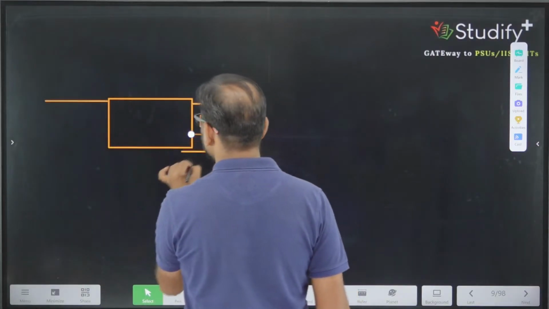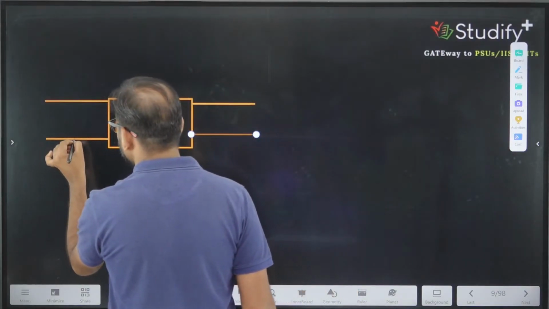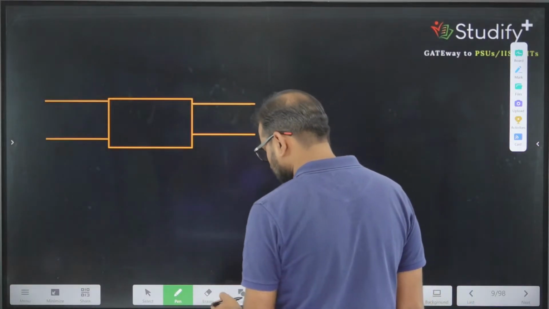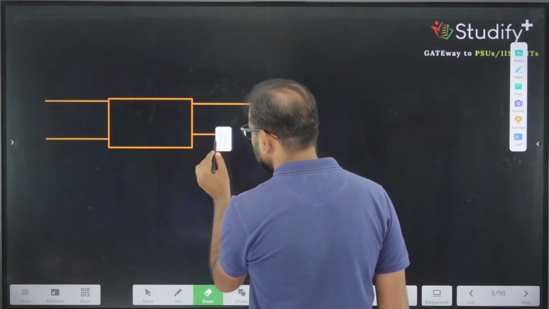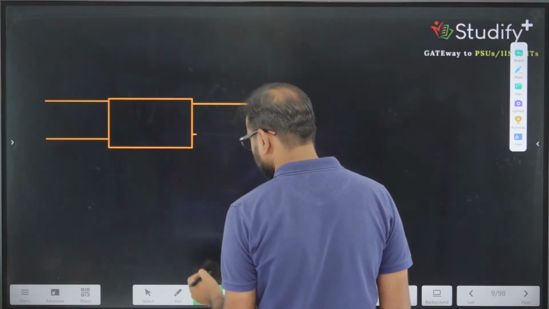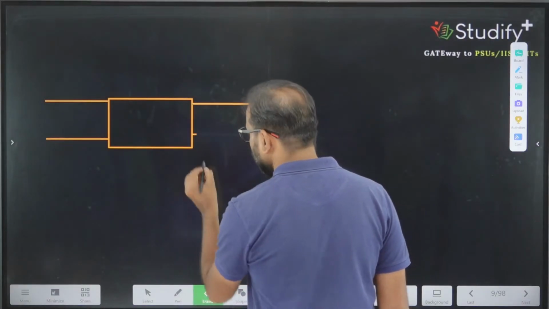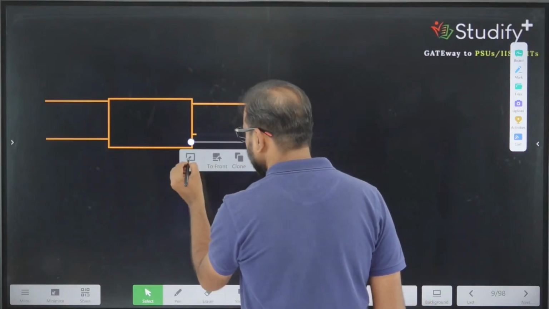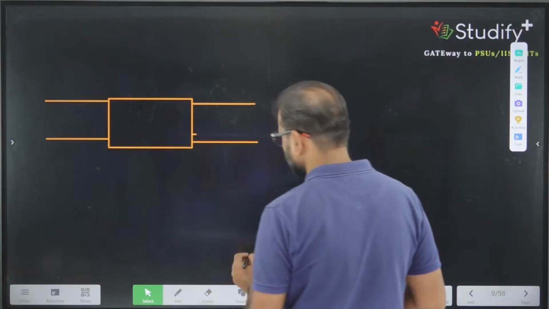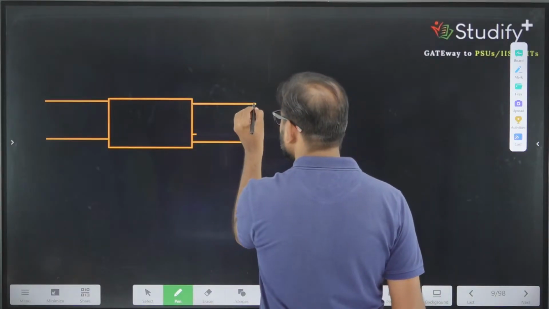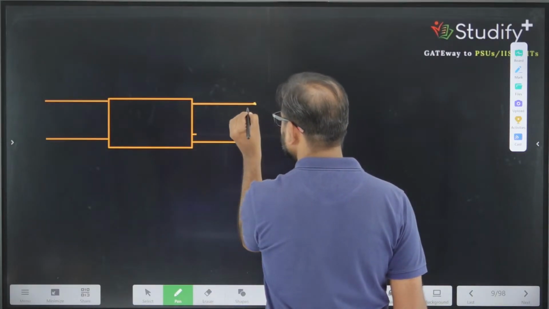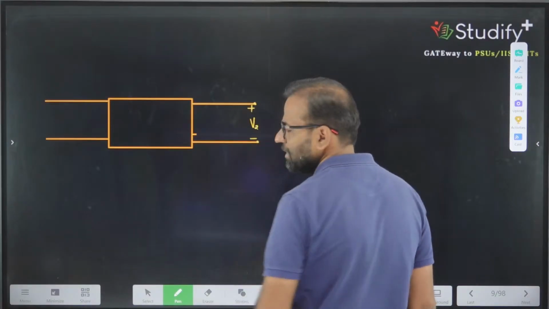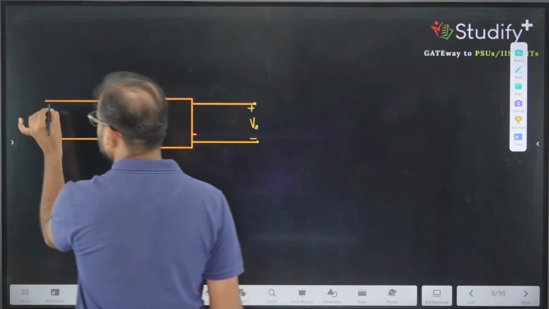Suppose this is your V2 and this is your V1.